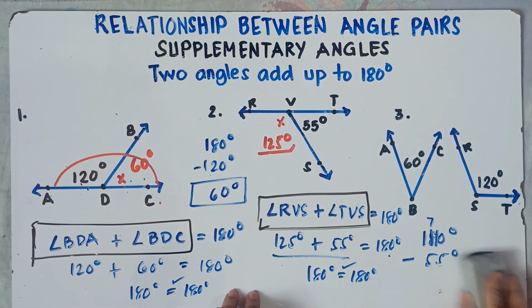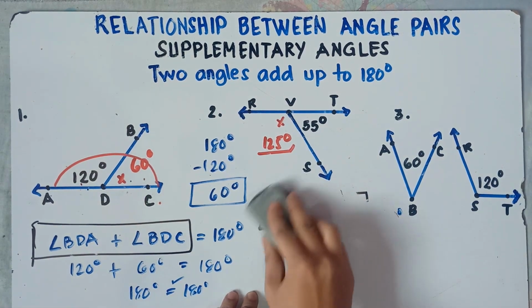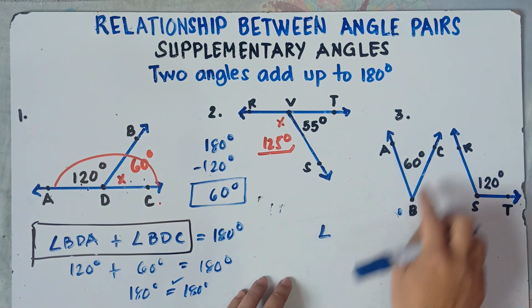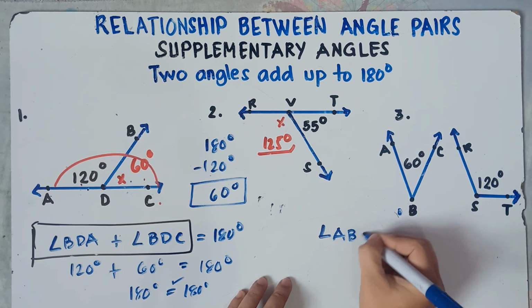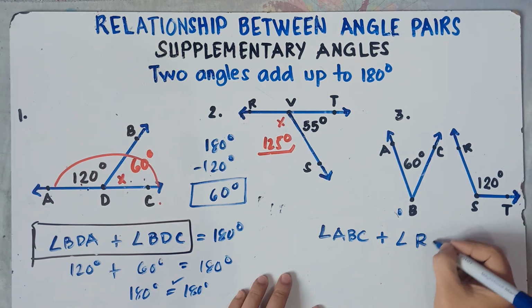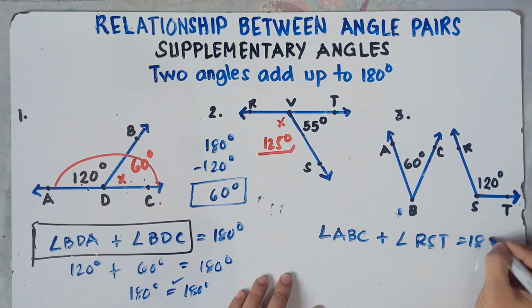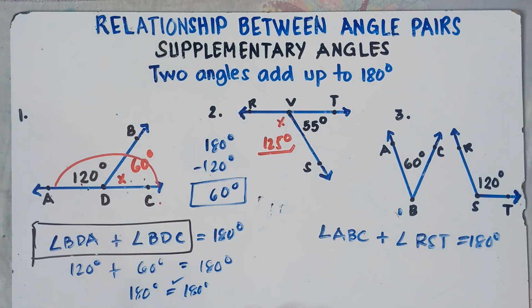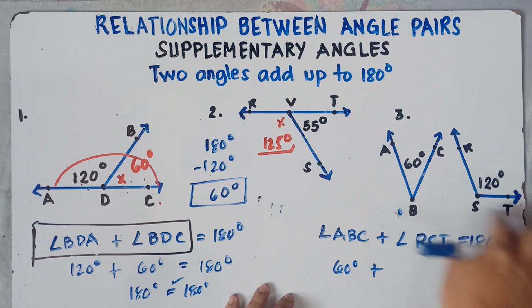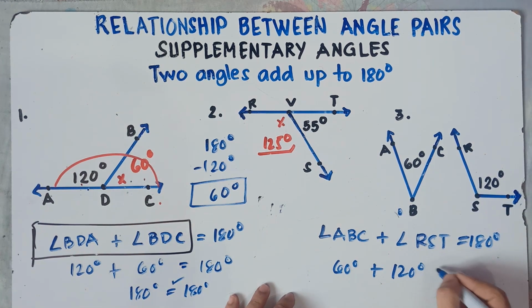Let's check. So we can write the equation: angle ABC plus angle RST is equal to 180 degrees. So angle ABC, that's 60 degrees, plus angle RST, that's 120 degrees, equals 180 degrees.